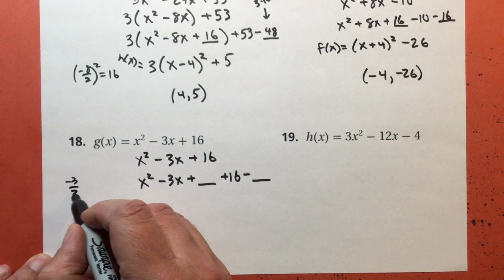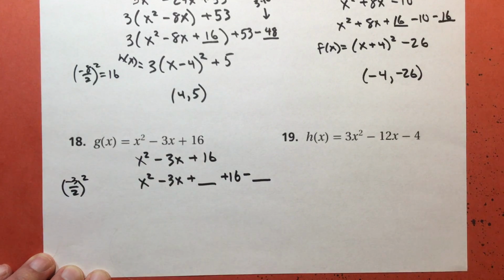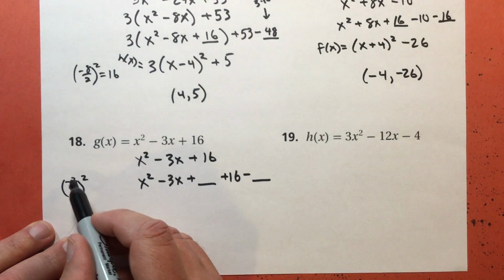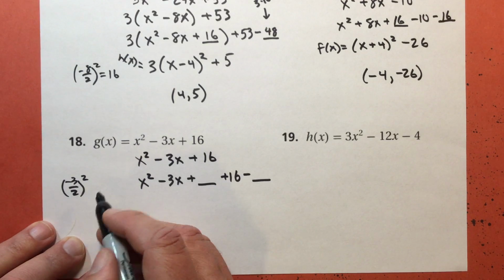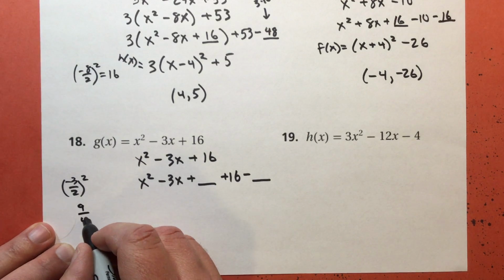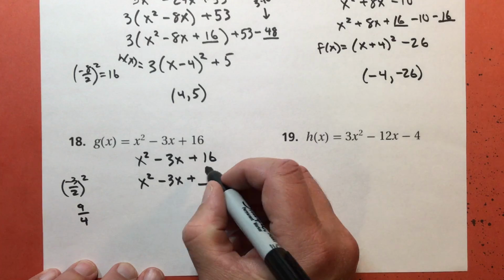Negative 3 divided by 2 squared. And if you've been following along with all my videos, you keep hearing me say you do not have to convert it to a decimal. You don't have to say negative 1.5, because negative 3 divided by 2 squared is 9 over 4.